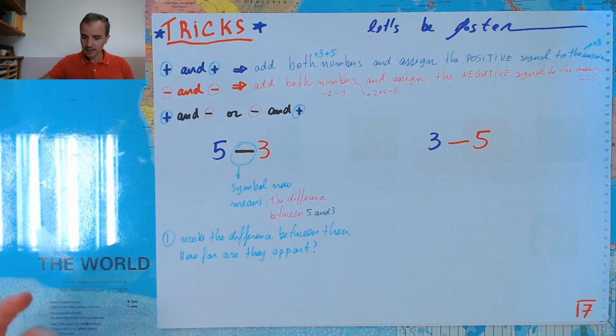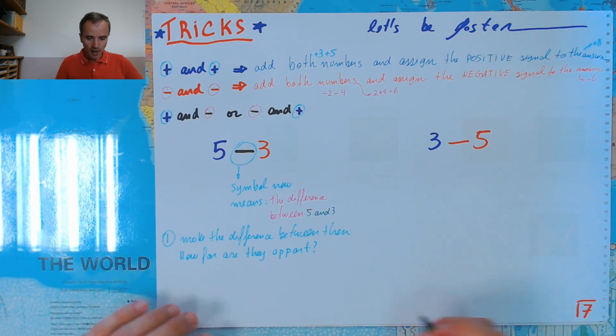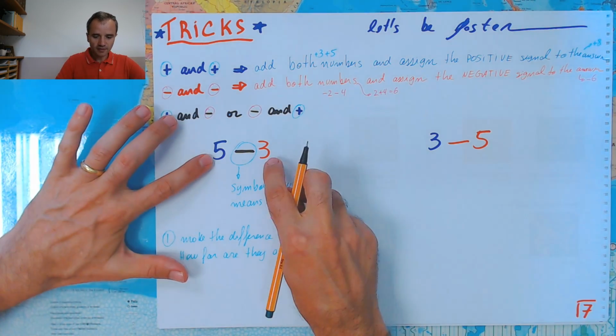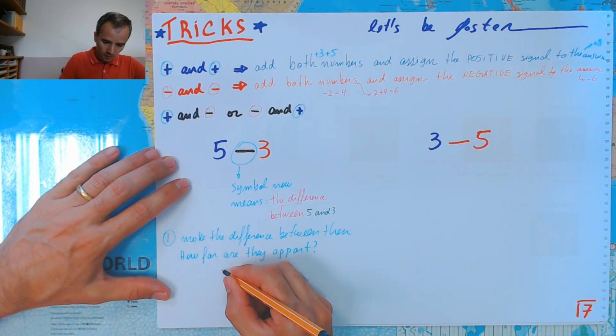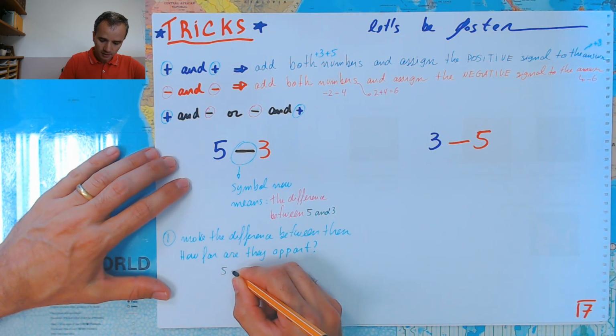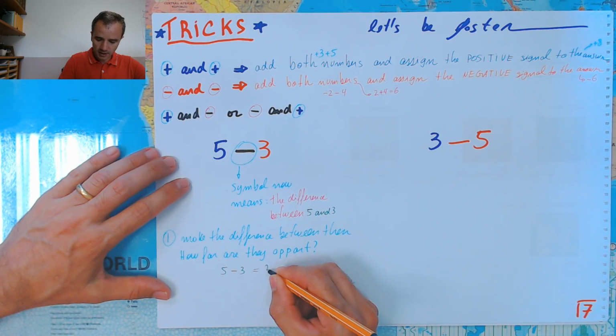In this case it's just 5 and 3. What is the difference between 5 and 3? The difference is just 2.